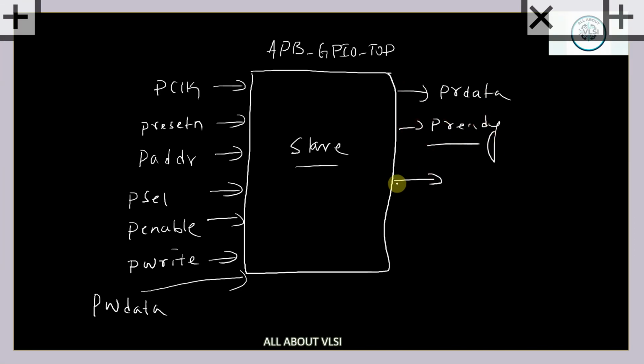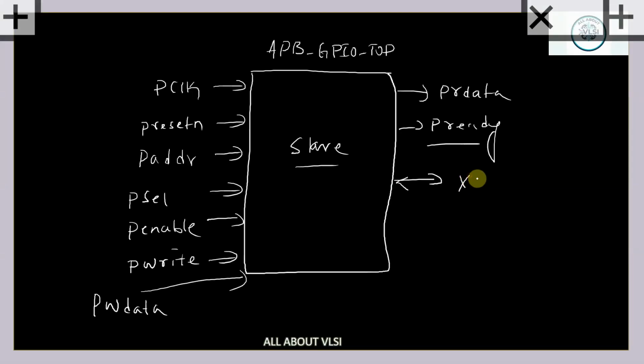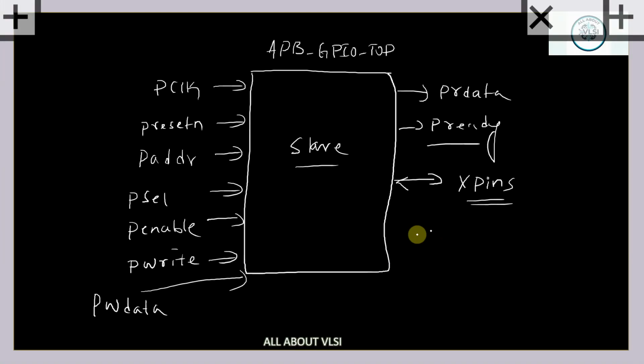And we have an IO port, which is basically going to communicate with your external GPIO pins. This is our input output port. Another is the output IRQ, the interrupt, which is an output. So these are the inputs, outputs and in-out pins of my APB_GPIO_TOP.